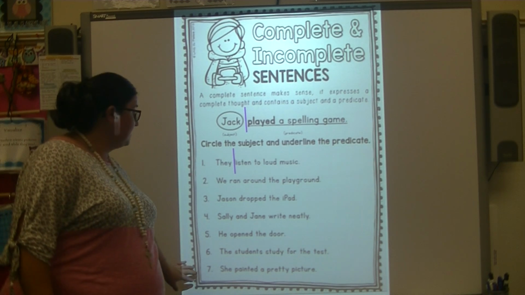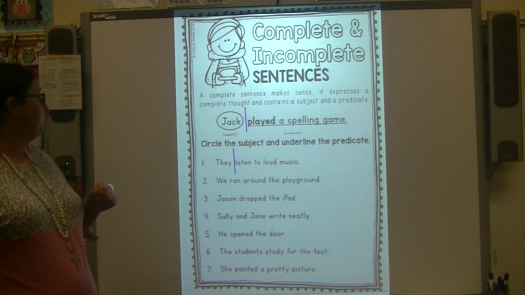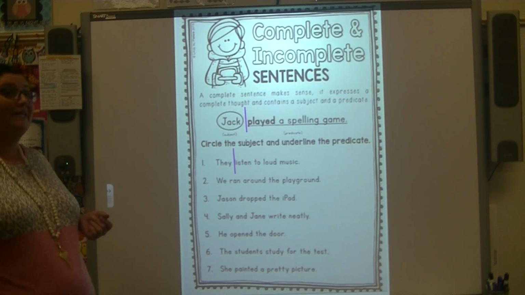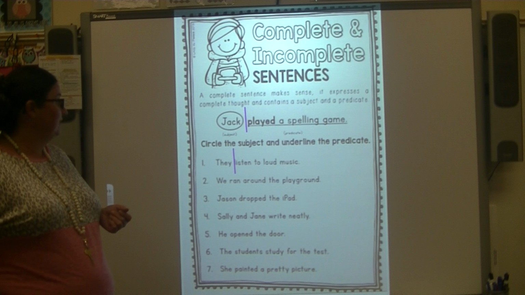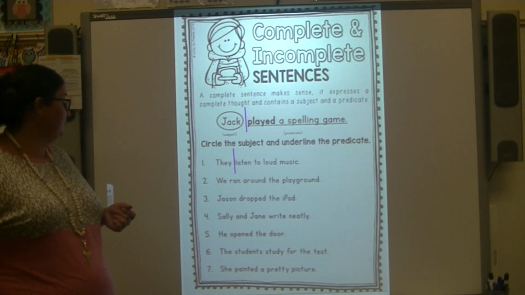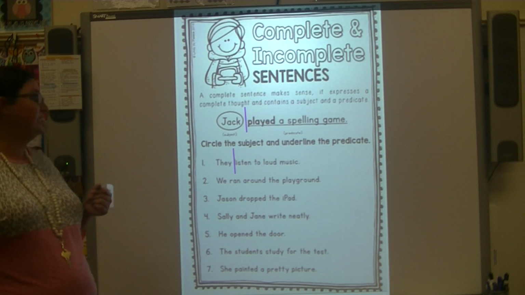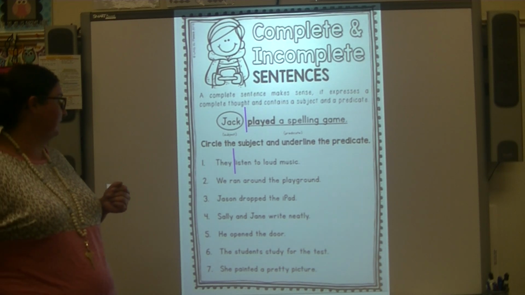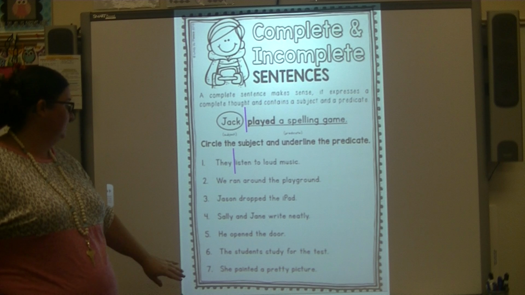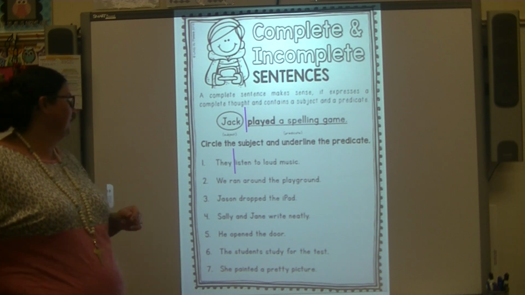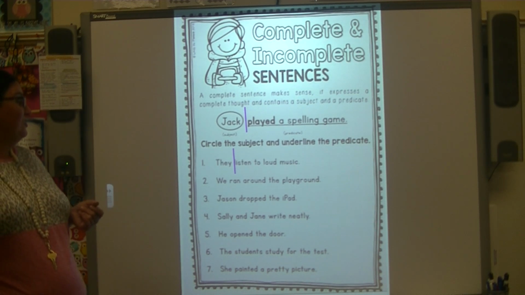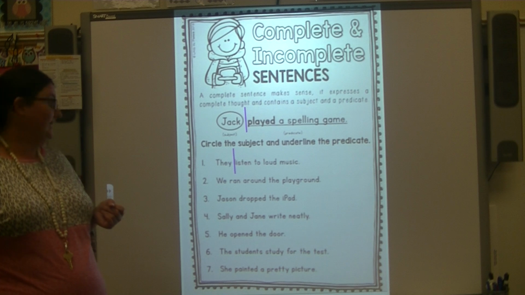So 1 through 7. Number 2, we ran around the playground. Think about who and what they do. Number 3, Jason dropped the iPad. Number 4, Sally and Jane write neatly.